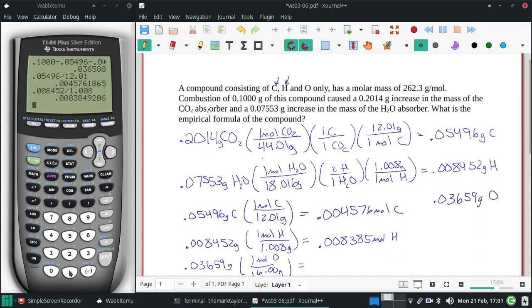And the last one, 0.03659 divided by 16 is 0.002287 moles of oxygen. And we'll divide all these by the smallest, which is that 0.002287.